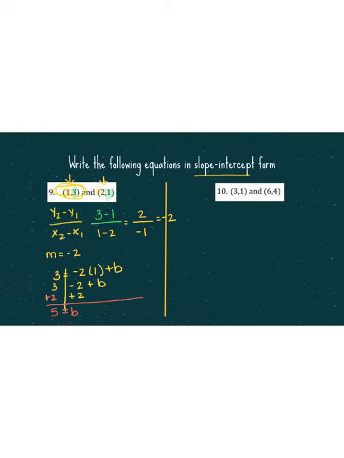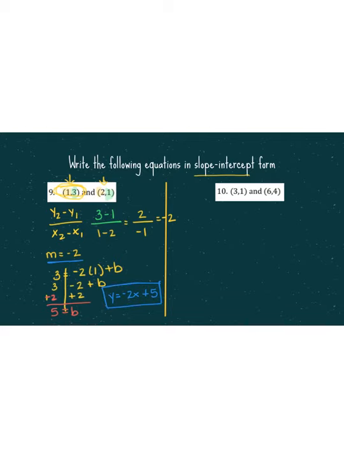Okay, now that I know my b is 5, I'm just going to start with y equals, I'll find my m, which, remember, was that -2, equals -2x, and then we're going to add our b, which is 5. So y equals -2x plus 5.